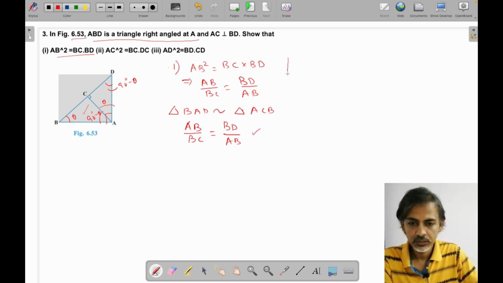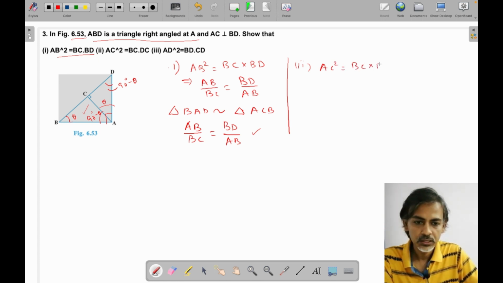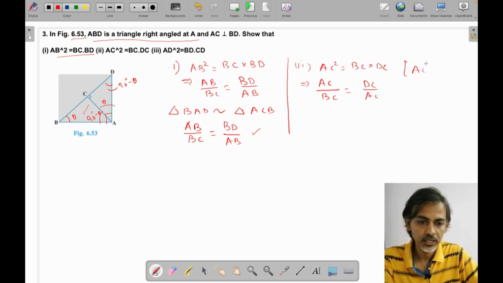Now let's work with the second part, which is AC square equals BC into DC. Again we'll do the same thing: we'll put AC is to BC and then DC is to AC. I've just done a cross multiplication. If you don't understand, AC square is written as AC into AC, right?